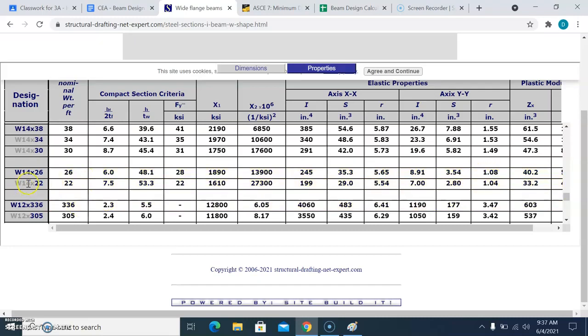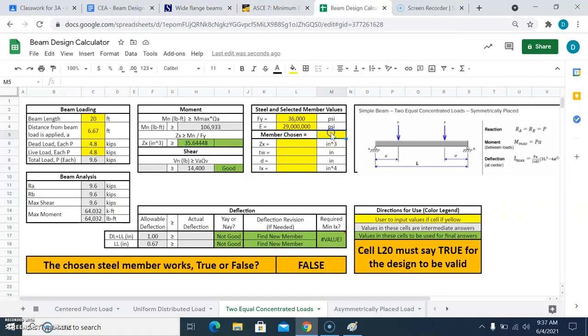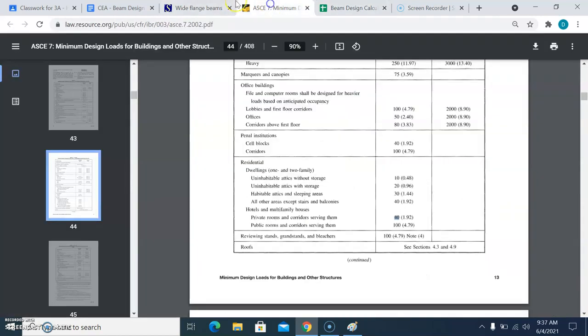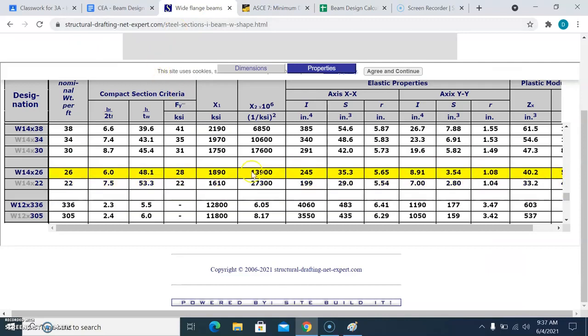W14 by 26 also works, and it's the same weight and it's taller, so it's stronger. So W14 by 26. W14 by 26 is 40.2 and 245.